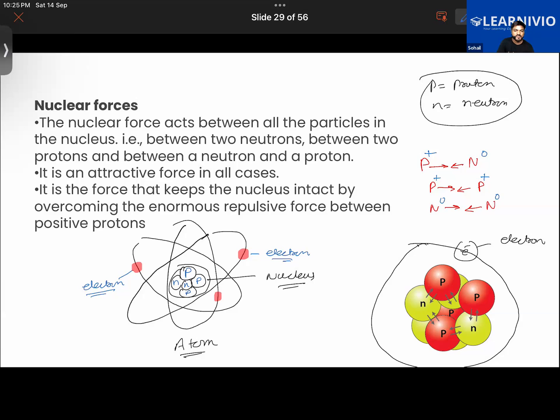If there is a positive and a positive charge, they will be repelling each other, pushing each other. But although there are protons in this, and protons should be repelling each other, what we get to see is that there's a force called nuclear force, which is more in magnitude as compared to the repulsive force between the protons. That is why the nucleus is intact, and this force is called nuclear force.